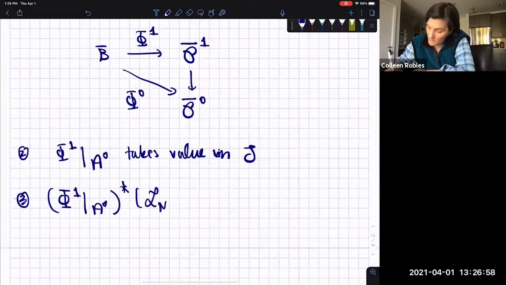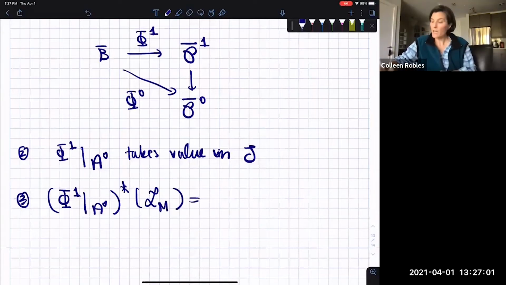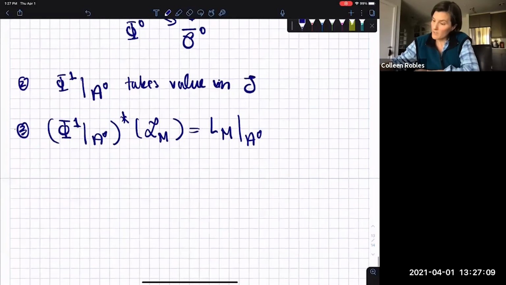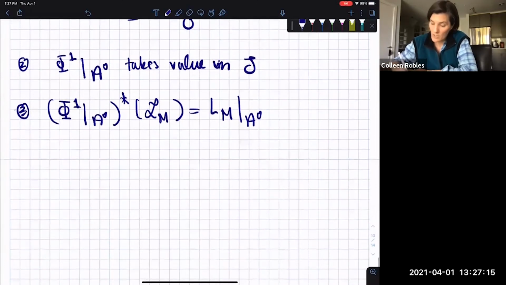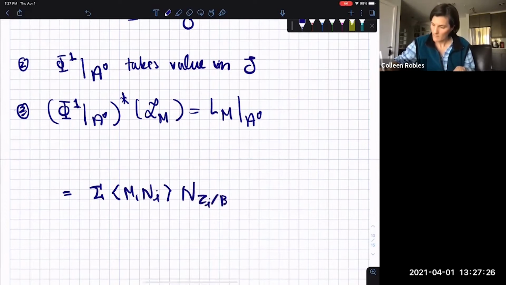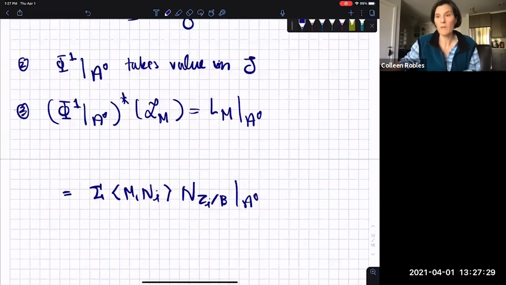If you take any one of them and you pull them back, you get the line bundle that we constructed over the neighborhood of A0, L of M. So in particular, the pullback of the theta line bundle over the level 1 extension data is a sum of normal bundles restricted to that fiber. So this is relating the geometry along the fiber, the geometry coming from the theta line bundle, to the geometry normal to the fiber.